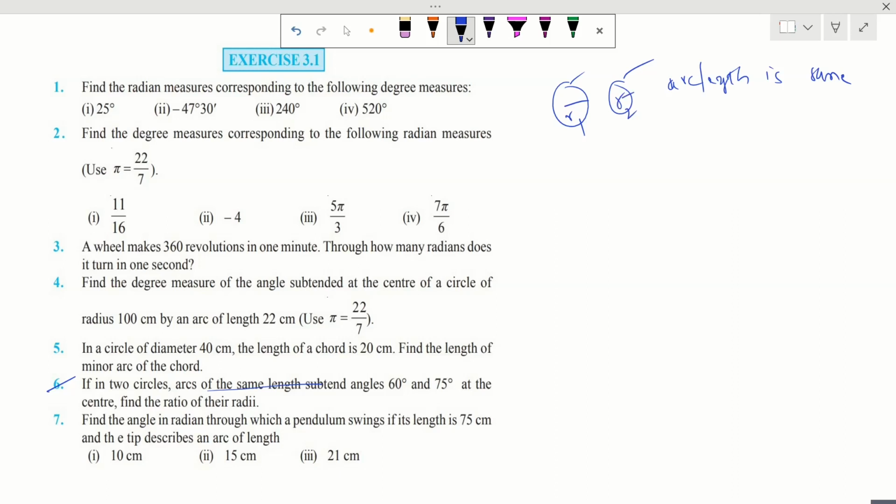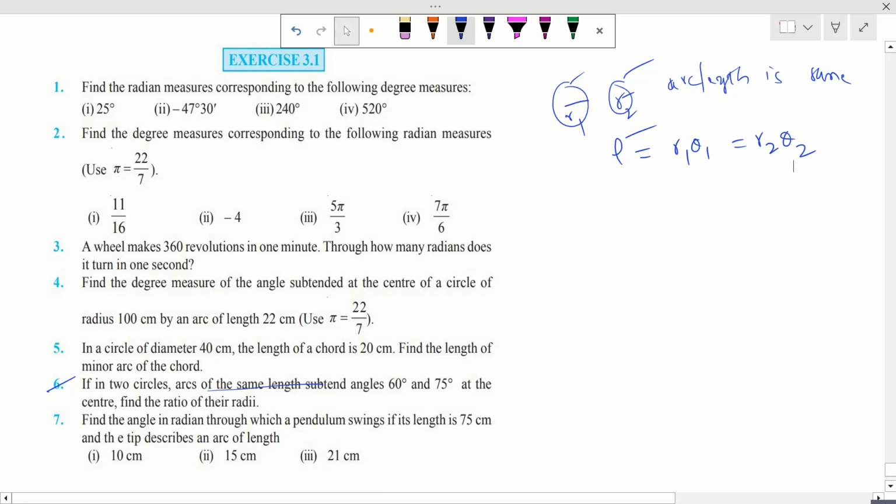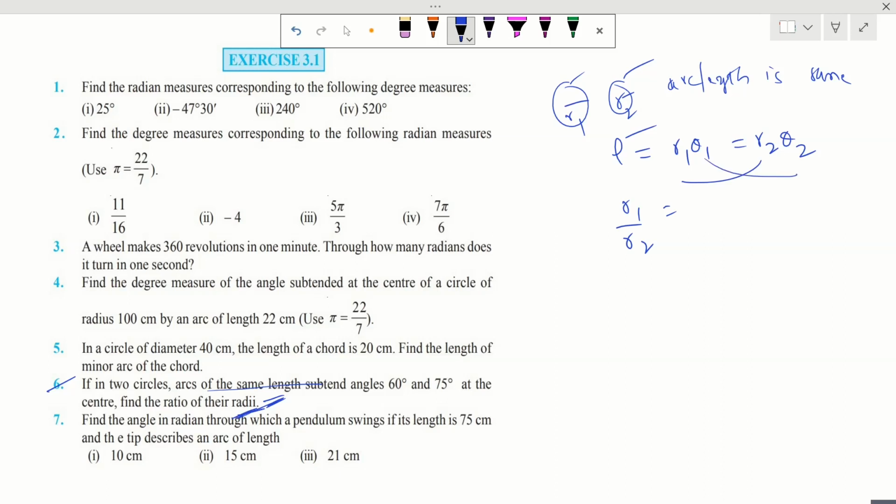Arc length is same means r1 theta 1 is equal to r2 theta 2. Then we have to find the ratio of radii, r1 by r2. So r1 by r2 is theta 2 divided by theta 1.